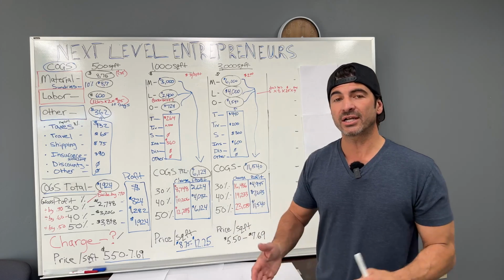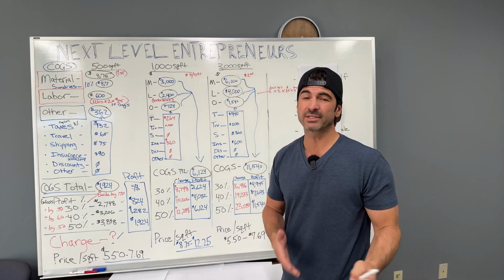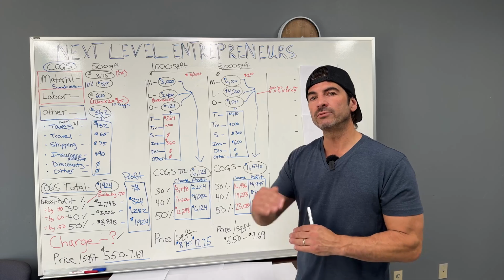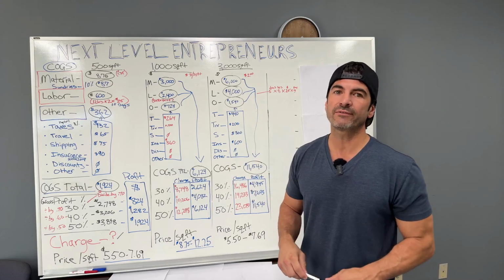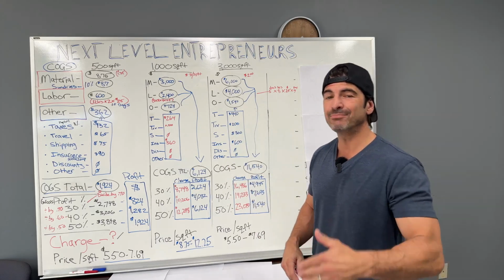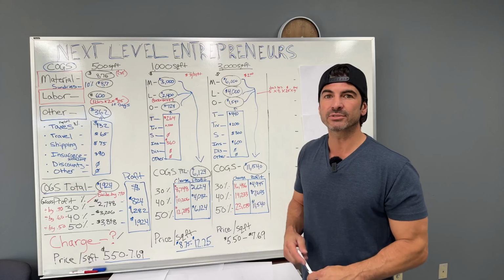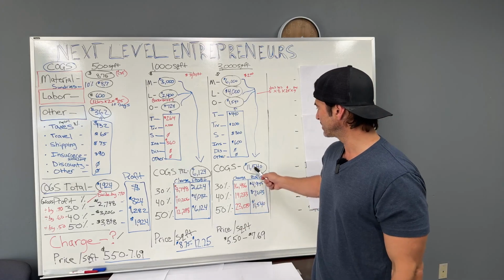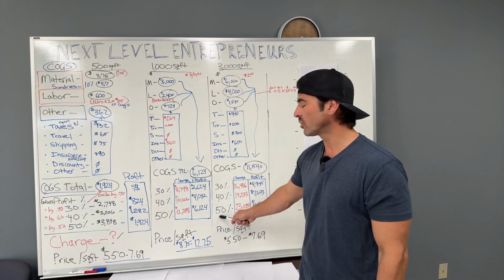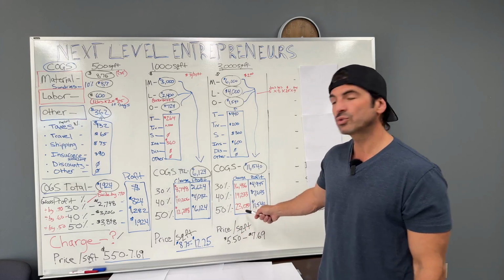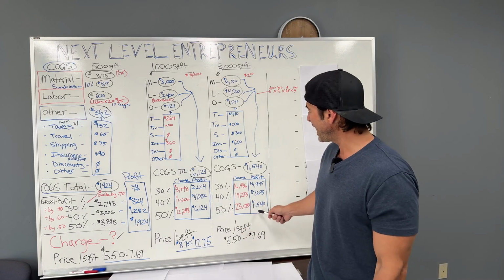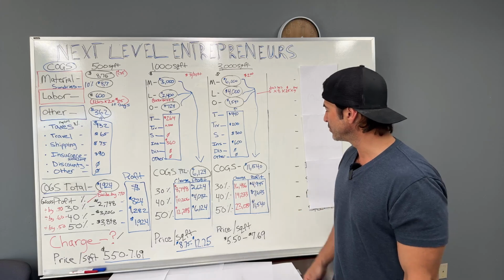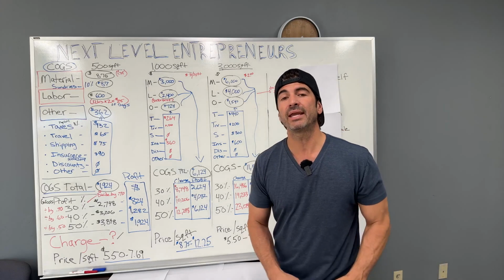If it's a market area that's not competitive, you've been in business a long time, you have a great reputation, you should be able to incrementally increase your profit percentage as you get better and more established. But if you can charge 50%, you would charge $23,000. And now you're at close to $2,000 a day that you're making for this job.